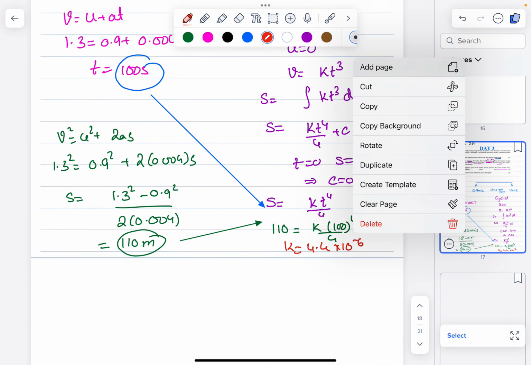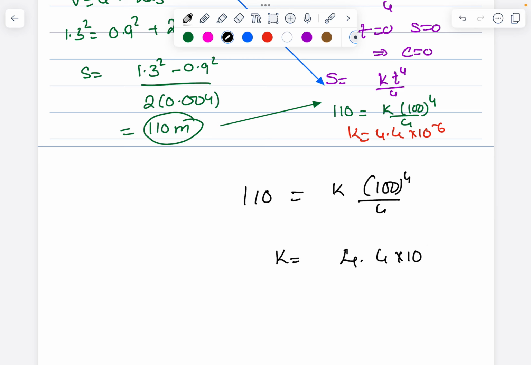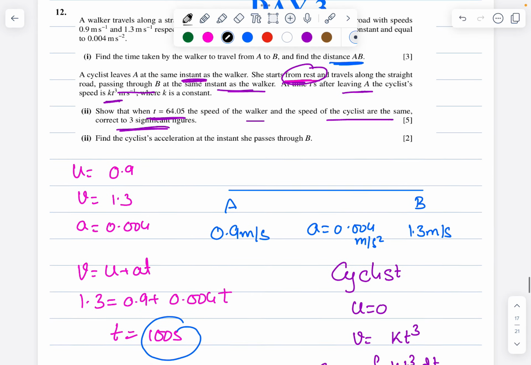So again, I add a page over there and do the calculations over here. 110 equals k times 100 to the power of 4 divided by 4. This gives me the value of k as 4.4 times 10 to the power of negative 6. But what is he asking us to find?